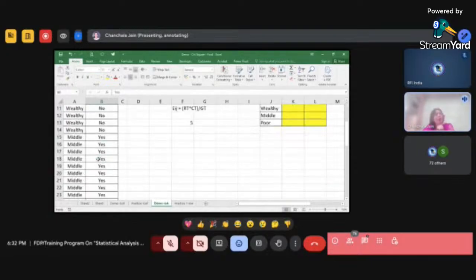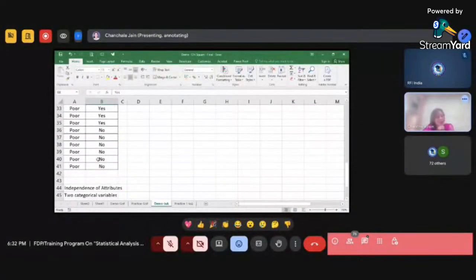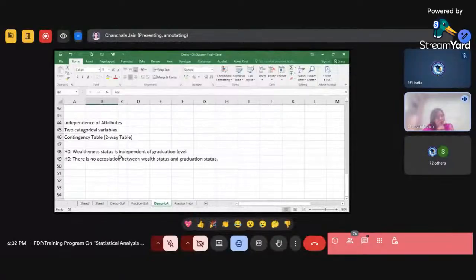So I will make my hypothesis as: wealth status is independent of graduation level, or I can write there is no association between wealth status and graduation status. So this will be my null hypothesis. It is not that you need to mention both types of hypothesis. Any one which you find more appealing, you can use for writing your hypothesis. Right? Note it down, everyone.